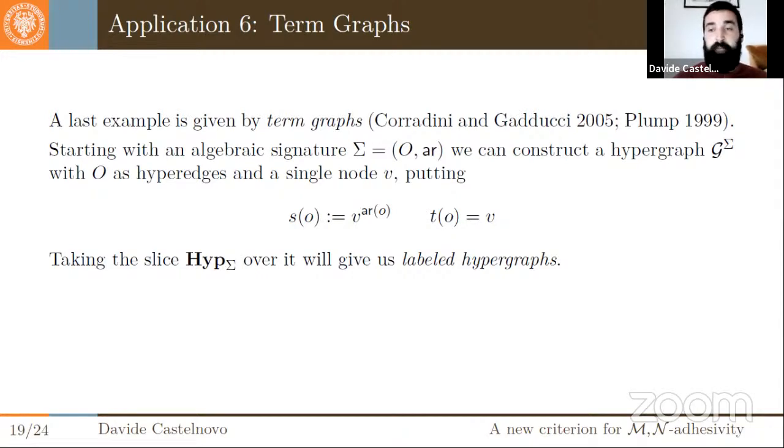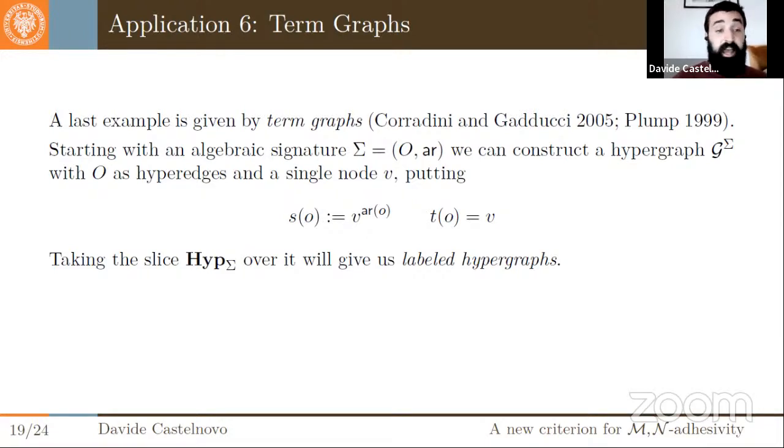And we can construct the hypergraph G Sigma, in which the set of hyperedges is given by the set O of operations, and the set of nodes is the singleton on V, say. Now the source of an operation is simply the word V to the arity of the operation, while the target of an operation is simply V, because we are thinking about a single-type algebraic signature. Clearly, there is a many-sorted version.